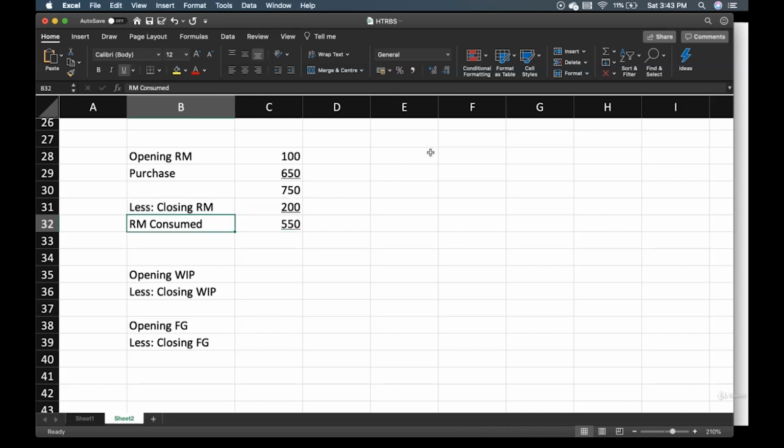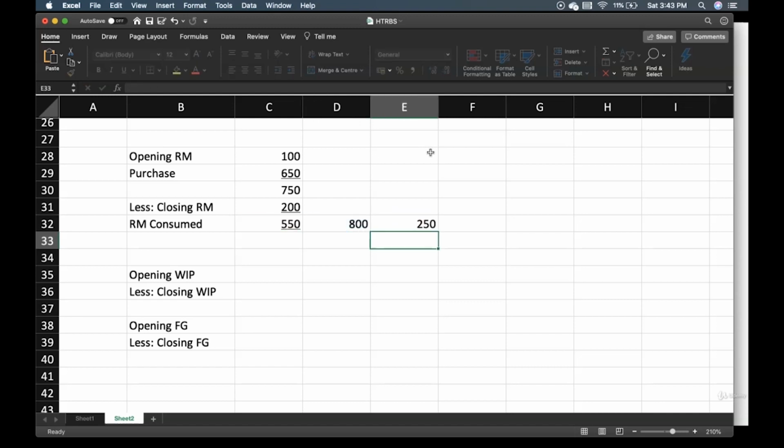So what does that mean? You have consumed raw material worth 550. Okay, so this is your raw material cost, and let's say you have sold this for 800 rupees. It means you made a profit of 250 here. So this is the right way of finding the profit.